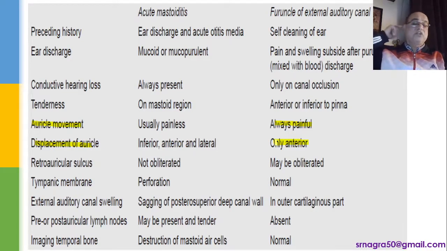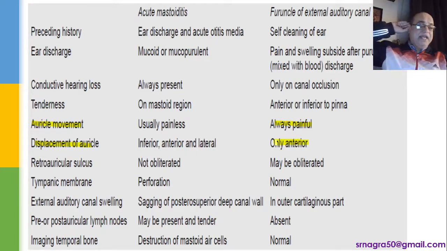In contrast, if there is mastoiditis or mastoid abscess, first the swelling will be in the post-auricular region. So the post-auricular groove will not be obliterated. Rather, it will be accentuated. By accentuated, it means this groove looks too deep.